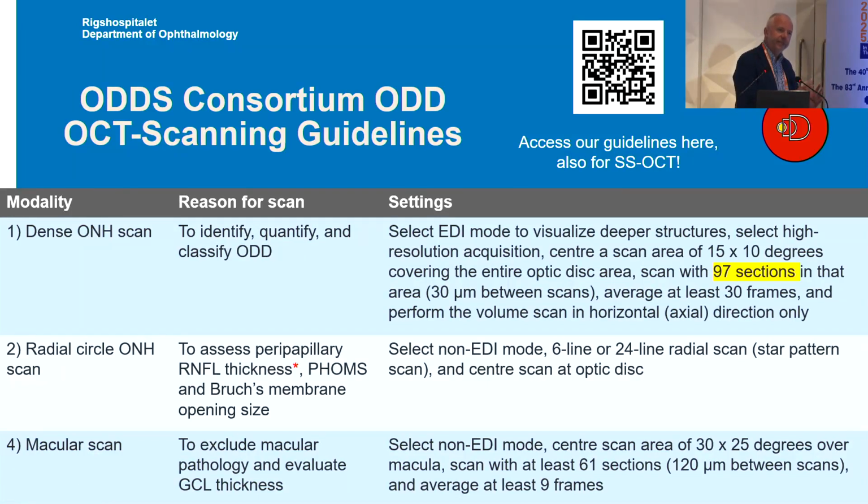If you do 97 sections, there are 30 microns between each section, and you're sure to pick up all the drusen. Of course, sometimes they're so big that you only need to do one section. But if you want to be on the safe side, you need to do a lot of sections. We do a radial circle scan also. That's the one you use for the FARMS volume calculation, and of course a macular scan to see any degeneration.